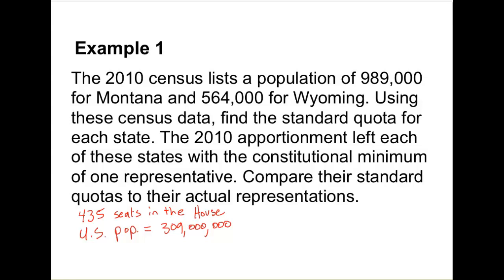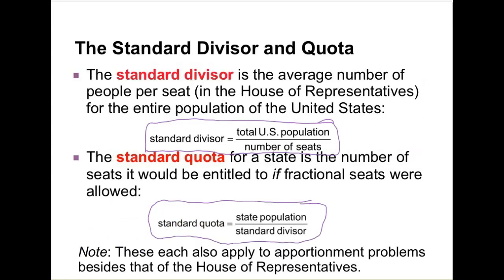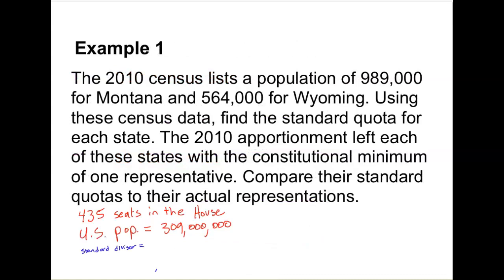So the first thing we need to do is find the standard divisor, right? Which based off the last slide, the standard divisor is just the US population divided by the number of seats.